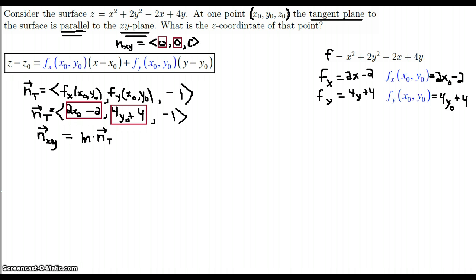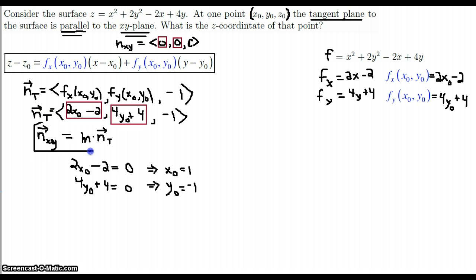And so that's going to mean to us that 2x naught minus 2 is 0, or that x naught is 1, and 4y naught plus 4 is 0, or that y naught is negative 1. That has to be true. We can't have x naught and y naught be something different, because I wouldn't be able to get this equation to be true.